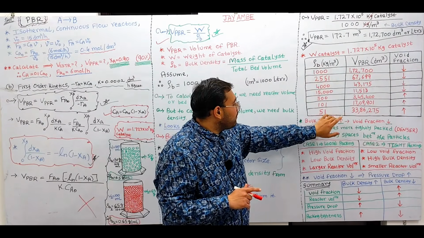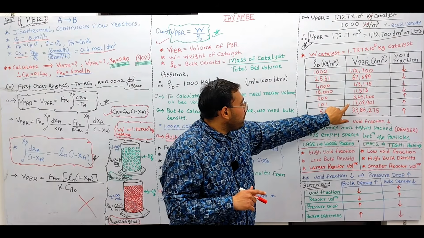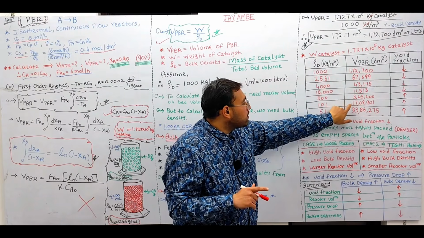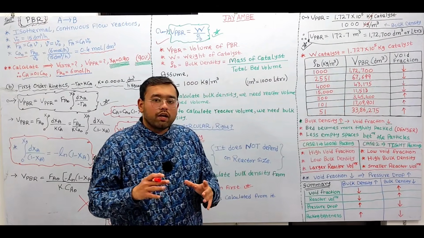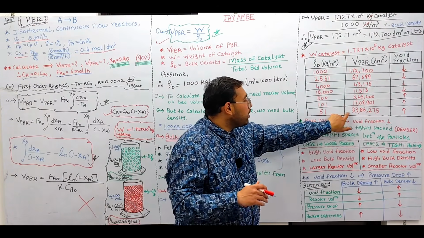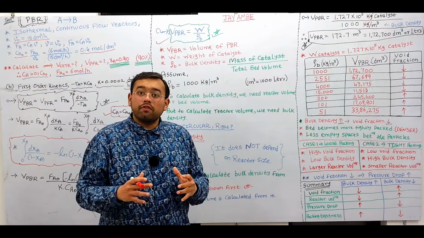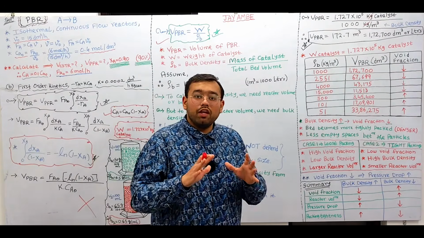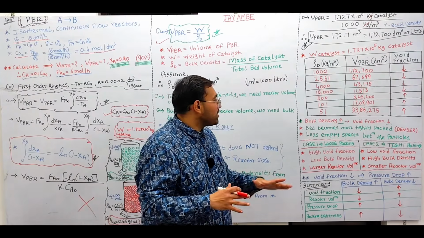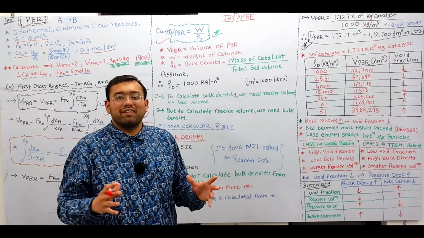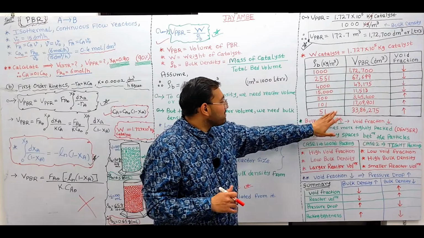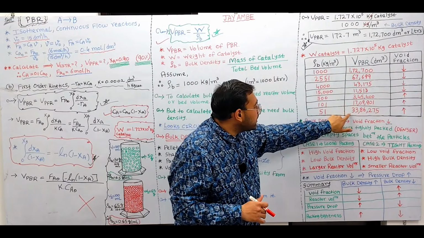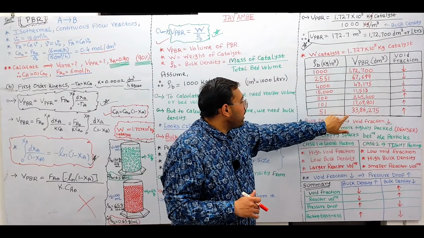The volume increased from 3,45,400 cubic decimeter to 17,09,901 cubic decimeter to 33,86,275 cubic decimeter, which is a drastic exponential increase, again way beyond expectation.